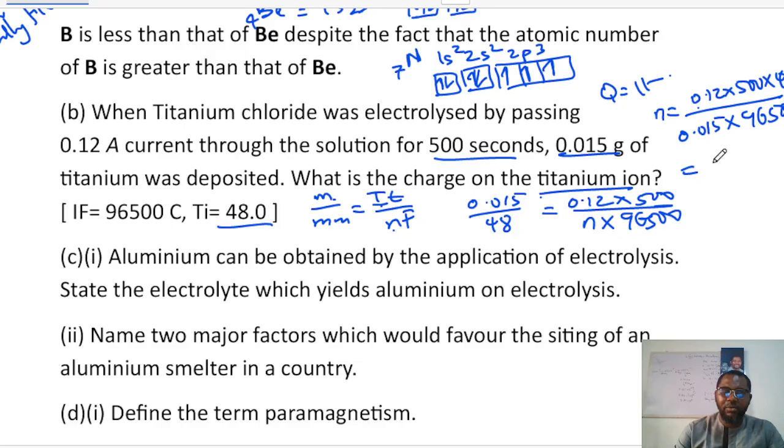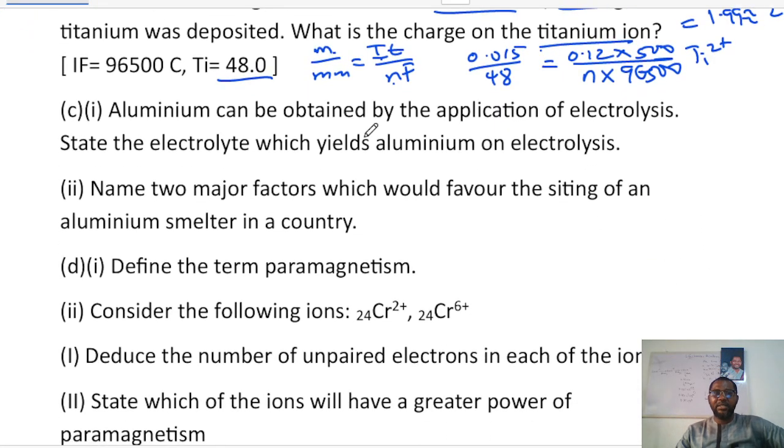So 0.12 times 500 times 48, now divided by 0.015 times 96500. I'm getting 1.99 approximately, so that's approximately 2. So that means titanium should be written as Ti2+ in this case. Okay, makes a lot of sense.